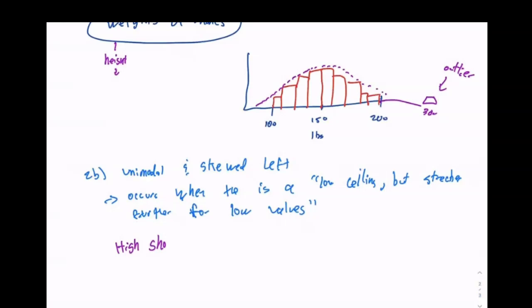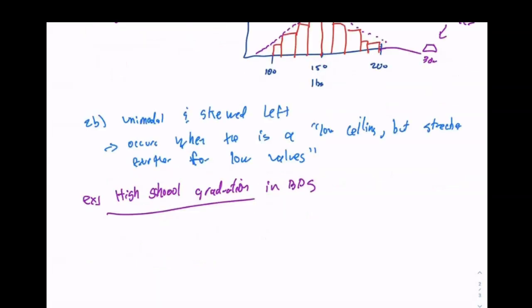If we were to look in BPS, if we were to look in Boston Public Schools, most of them you would say are around what? What are most high school graduation rates around? Anybody have any ideas? 70.